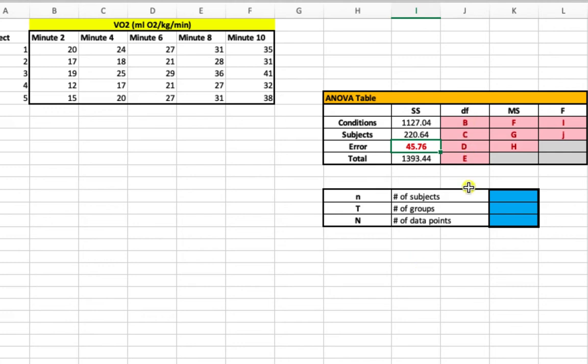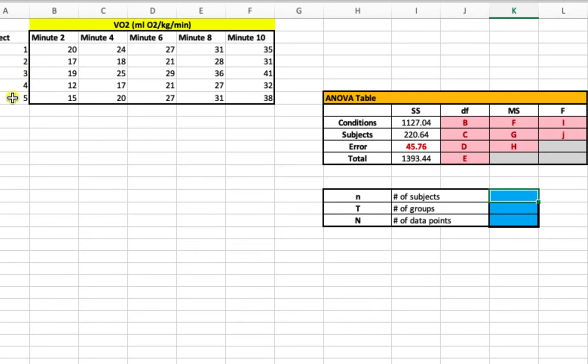Now, to calculate the degrees of freedom, we need to know a few bits of information. The first thing we need to know is the number of subjects that we have. This is denoted by small n, and belongs in the subjects degrees of freedom calculation as well as the error degrees of freedom calculation.